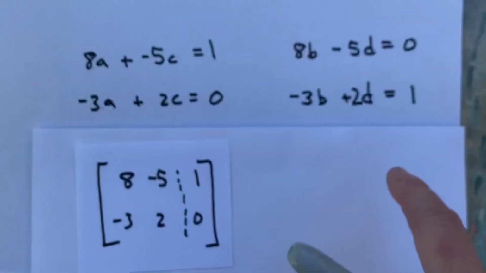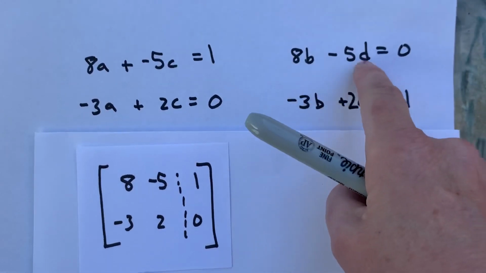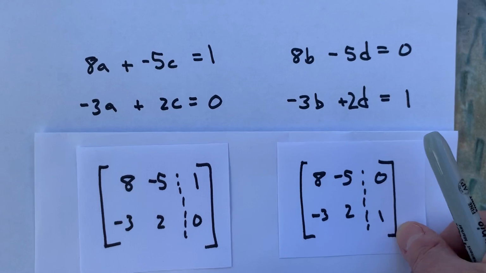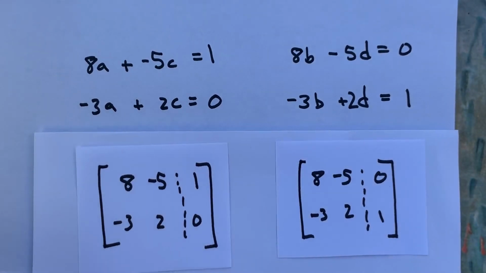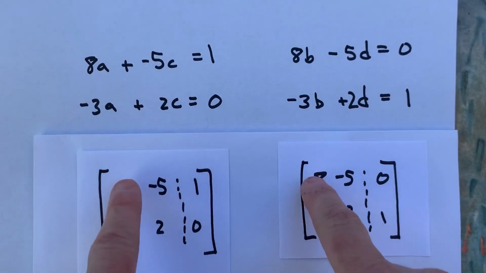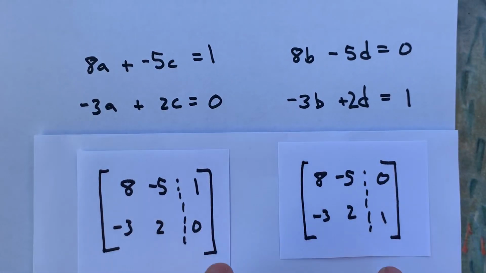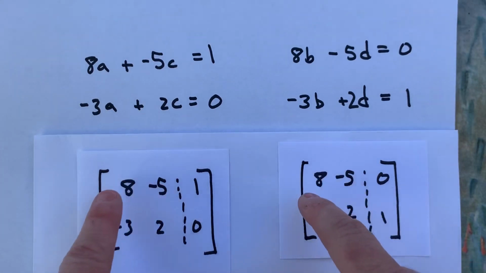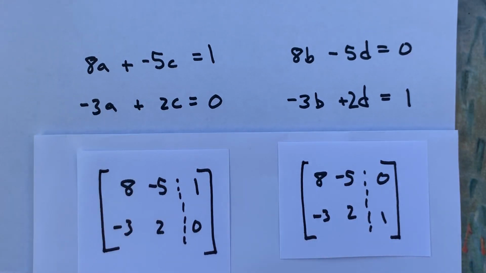I could do the same thing over here and translate this into an augmented matrix. When I look at those two, of course, this part is the same, only this part is different, which means my row operations to get these to be an identity matrix are going to be identical.